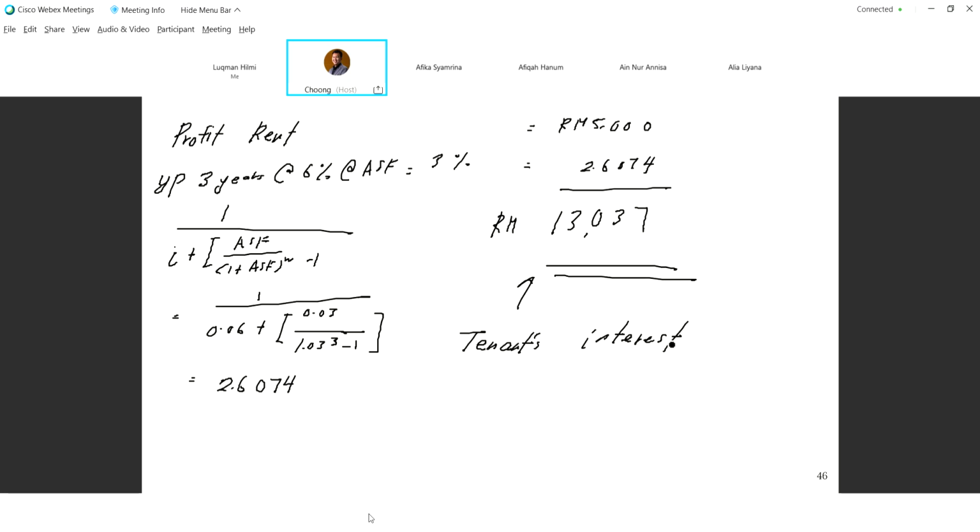Let's say you are the tenant now, and likely you don't want to rent this property anymore. You might want to migrate ataupun you nak transfer ke tempat lain kan. So you think that okay fine, I don't want to continue my contract with the owner again. So you may want to transfer your interest to another person. Instead of you terminate the contract with the owner, you can actually transfer.